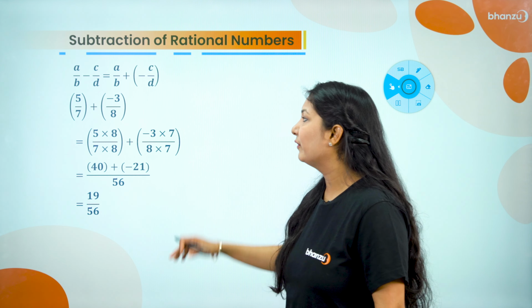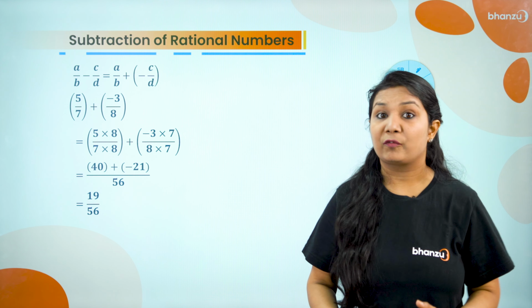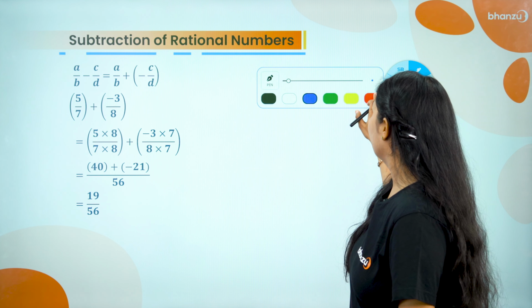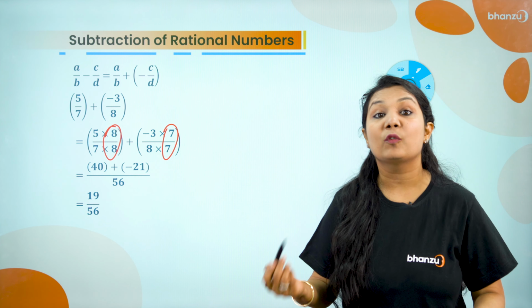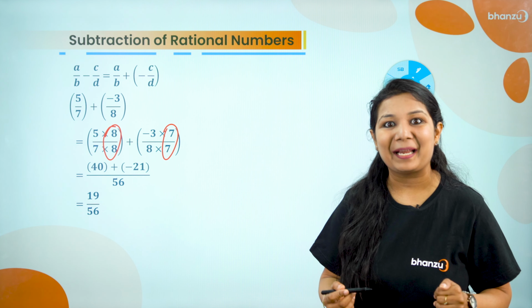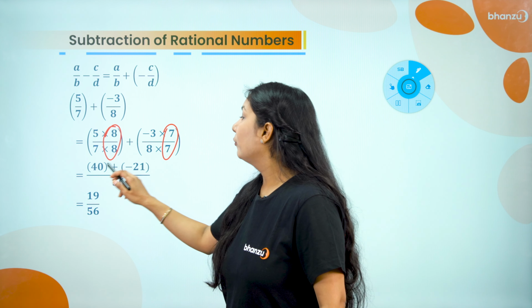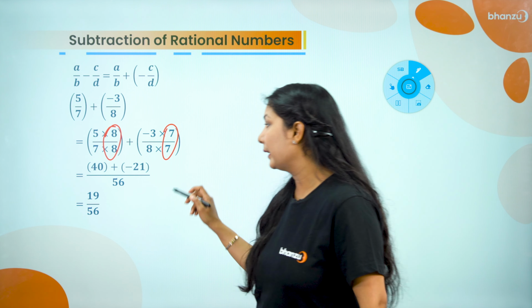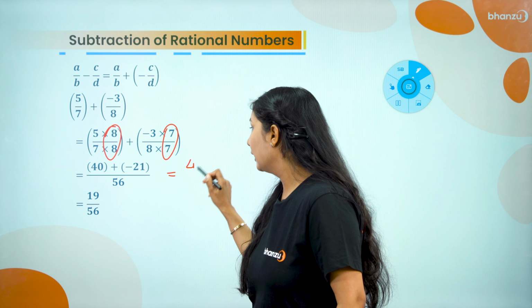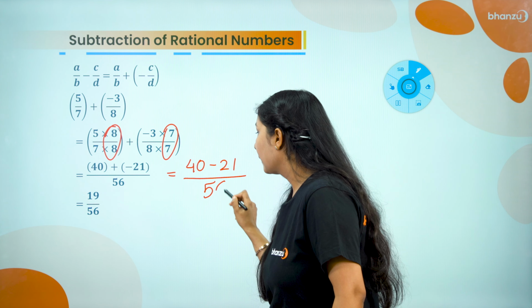So over here when we take the LCM, it would be 56. 7 into 8 is 56. Now multiplying them with the integer which would give the denominator as 56, and then multiplying that same integer with the numerator also. So what do we get? 40 plus minus 21. So what is plus of minus? It's minus. So we get 40 minus 21 upon 56, right?